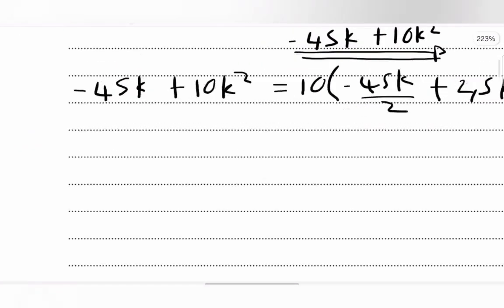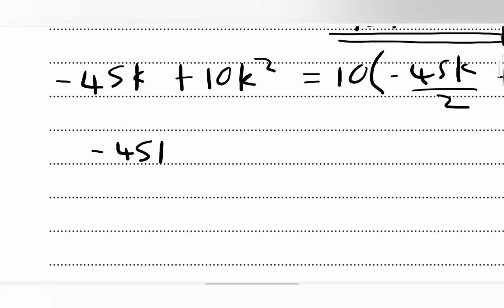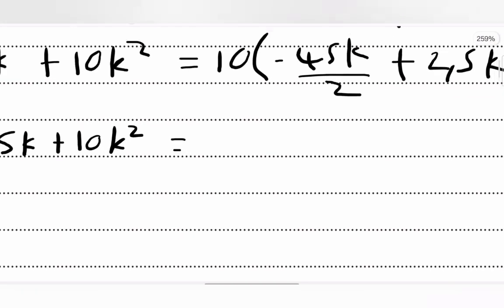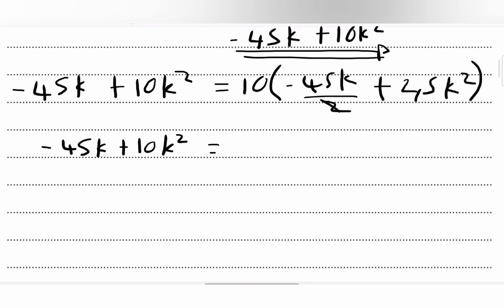And this gives us minus 45k plus 10k squared being equal to, we have 5 there times 45, 5 times 45, we get minus 225k plus 25k squared.